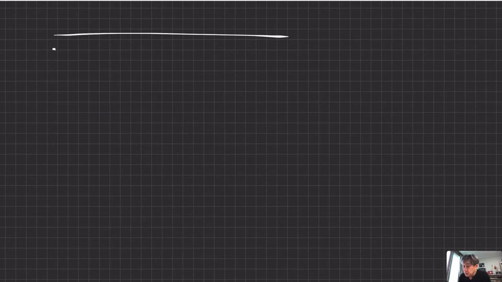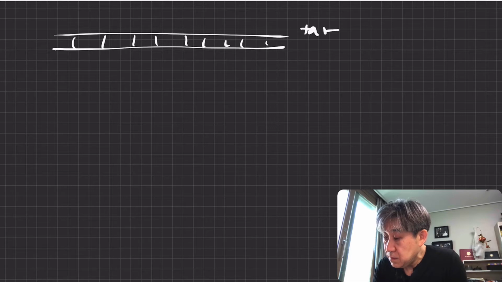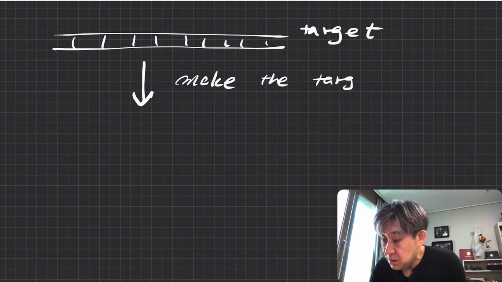So if you want to generate a probe, you have the original target. Then you make your target single stranded.